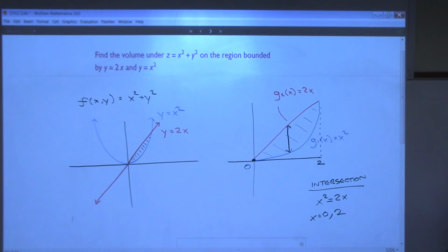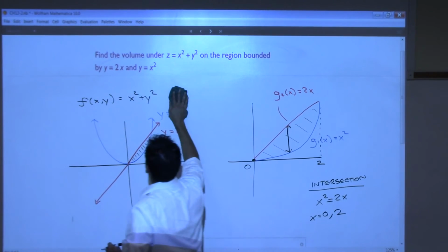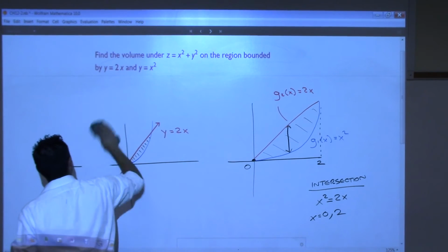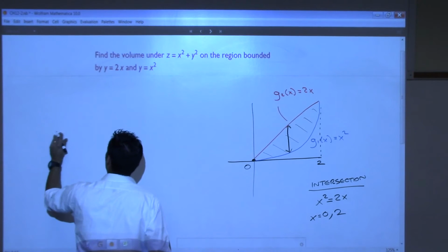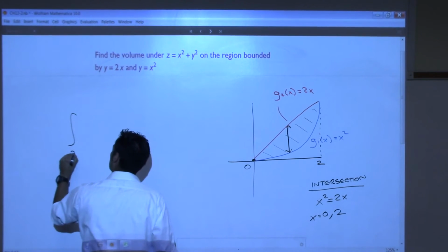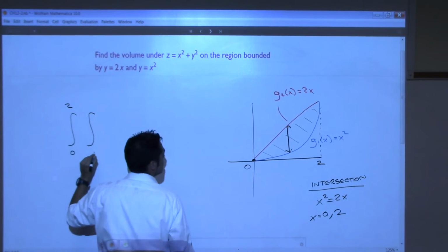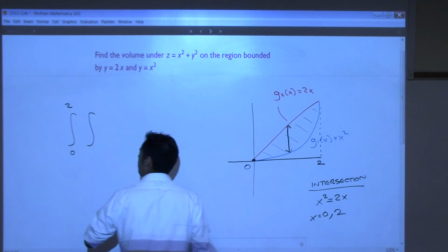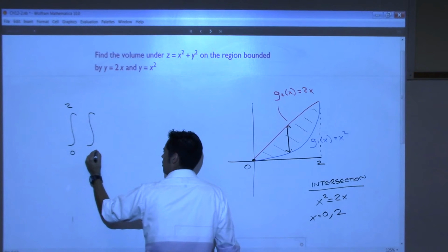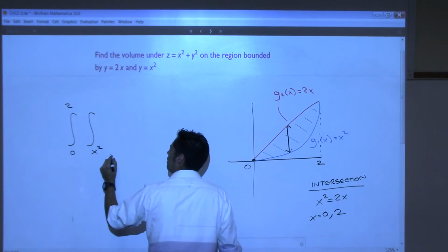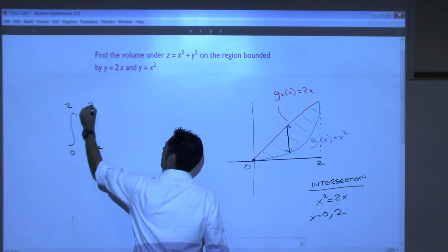All right, for this one, I'm just going to set the integral up. I don't think I'm actually going to do any of it, unless you want me to. I'll take a vote. What's the bottom limit of integration here? It's g1, so x squared, and then 2x.